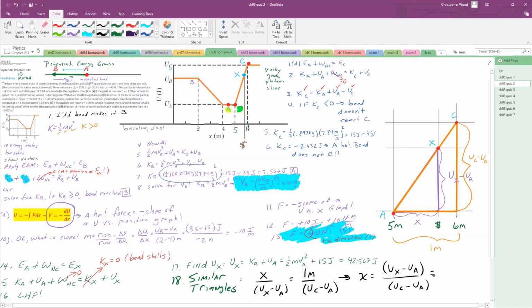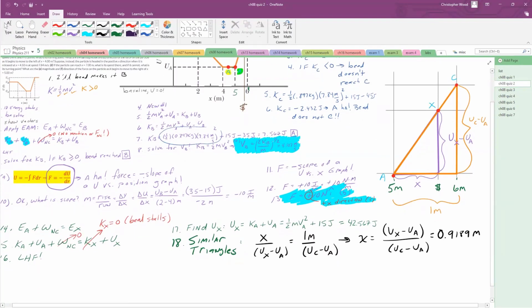And let's get a number on that. 42 minus UA is 15, divided by UC, which is 45 minus 15, 0.9189 and some change meters. And then my answer is going to be number 19.